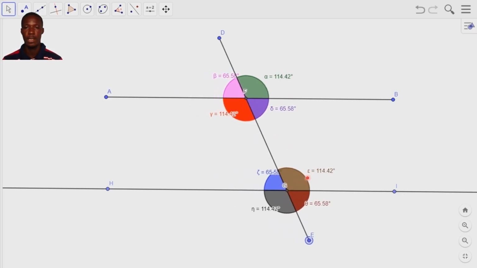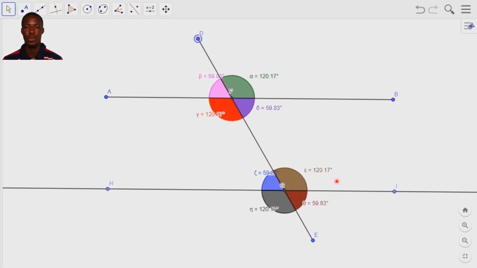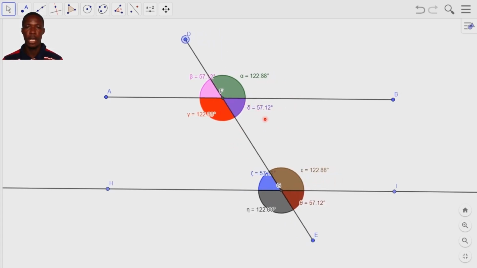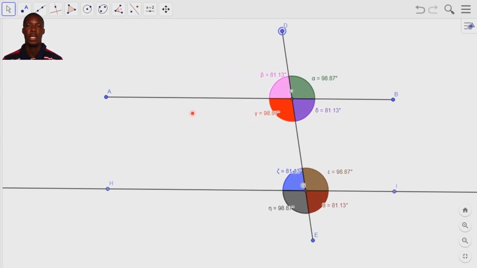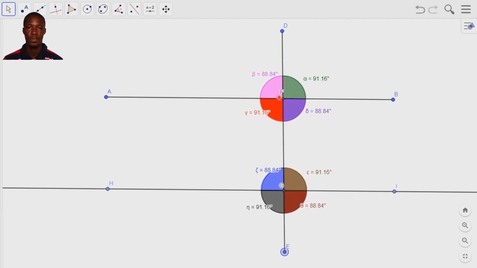I see they remain equal, so 115.32, and then when I look at the opposite, 57.12, and then the other side too. So this is true that properties of parallel lines remain the same irrespective of how the transversal line is drawn.